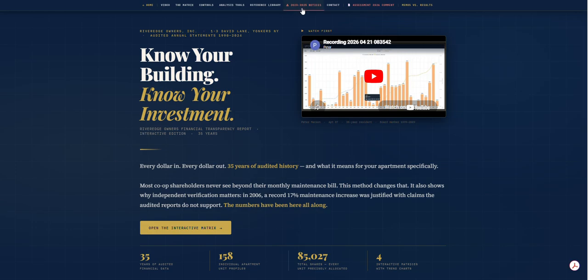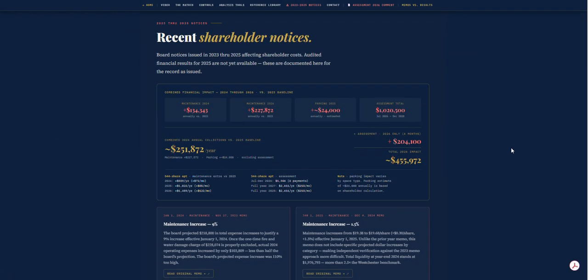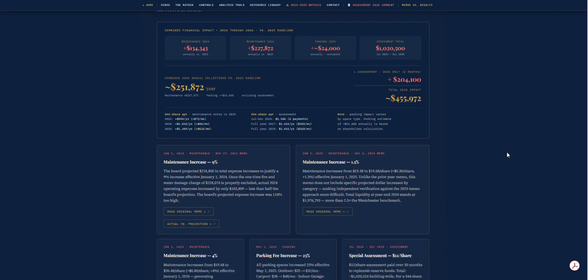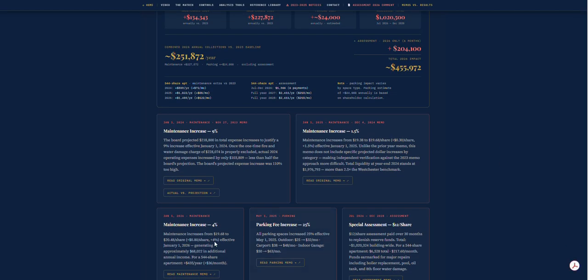One more tab worth mentioning here: I'm sure most people are not aware of it, but since 2023, there have been three maintenance increase announcements and one parking fee announcement. 9% in 2024, 1.5% in 2025, and 4% in 2026, plus a 25% parking fee increase in 2025.